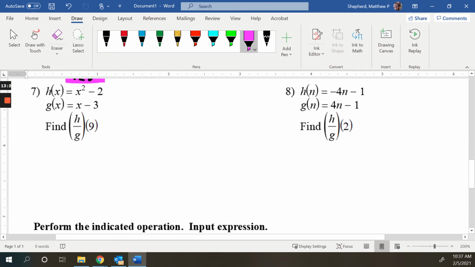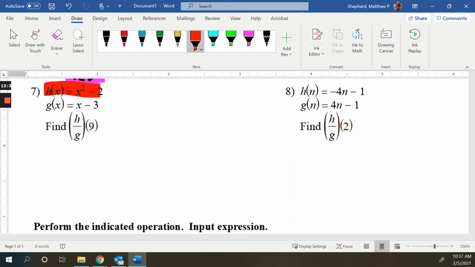All right, let's do it with some division ones. But hopefully, at this point, you're noticing how this repeats. It's getting very repetitive at this point. So we've just got h of 9.